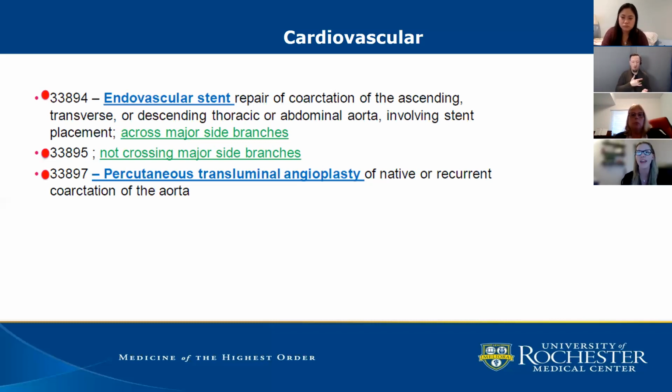The first one we have is 33894, for the endovascular stenting, and that includes if the stent is across the major side branches. 33895 is if that stent is not crossing those major side branches. And 33897 is for percutaneous transluminal angioplasty of the native or recurrent coarctation of the aorta.